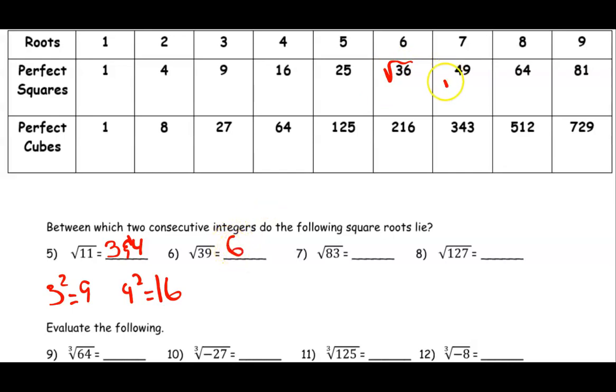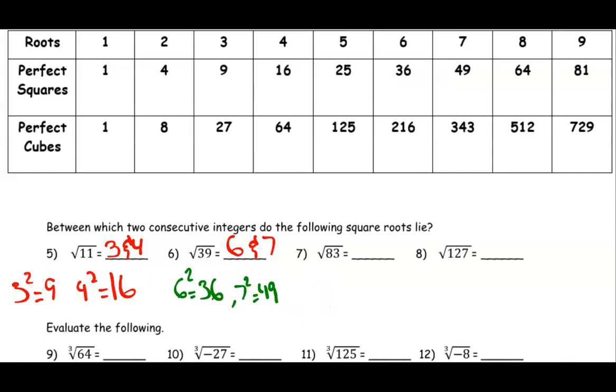I know the square root of 49, which is the number 7. So I know that 6 and 7 are the 2 consecutive integers that it's between. And when you think about it, we know that 6 squared is equal to 36, and 7 squared is equal to 49.